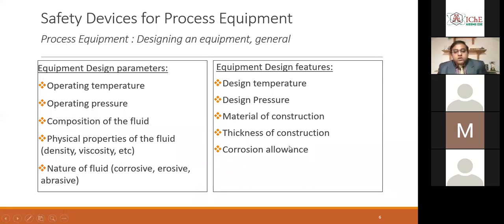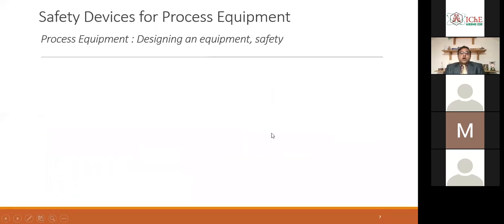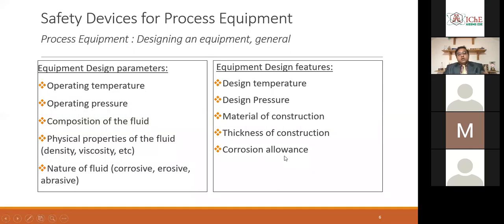Corrosion allowance is also the same: based on the corrosive, erosive or abrasive nature of the fluid, you give a corrosion allowance. So the higher the corrosion allowance, the thicker again the equipment becomes.